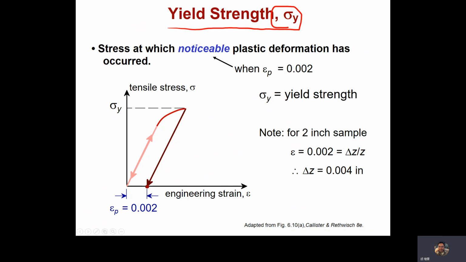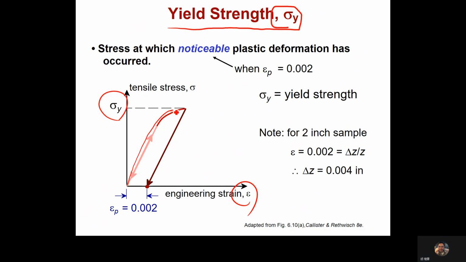So when we apply a tensile stress to stretch a metal or alloy rod or plate, we can plot the stress versus strain curve, right? We can plot this stress and strain curve like this.